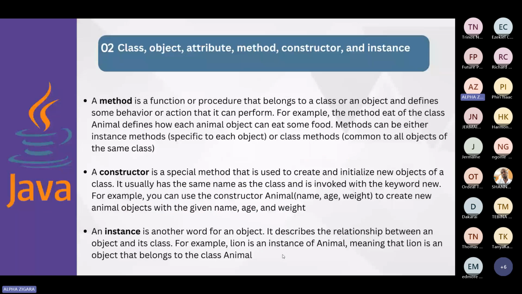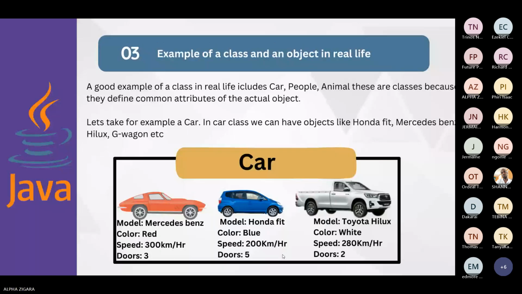We are moving to some examples of classes in real life. Here we've got an example of cars. We have other examples like people, animal, etc. And the classes define common attributes of actual objects. For example, we have a car here.